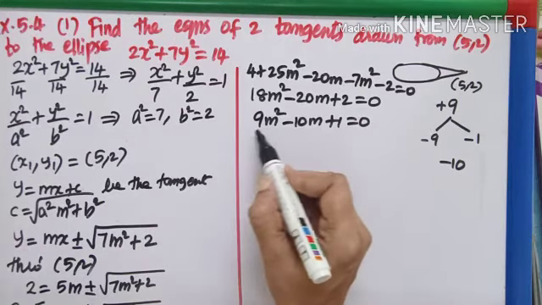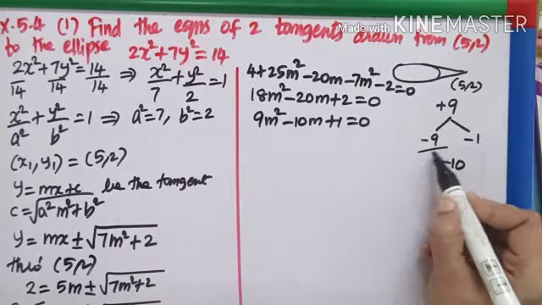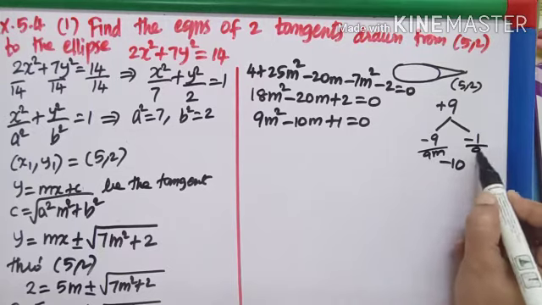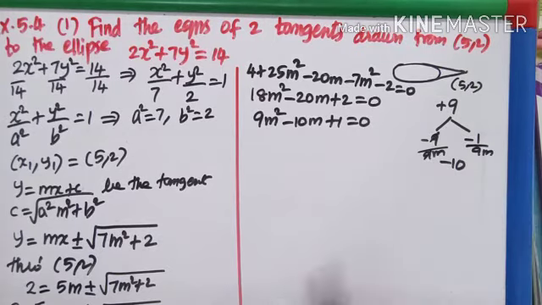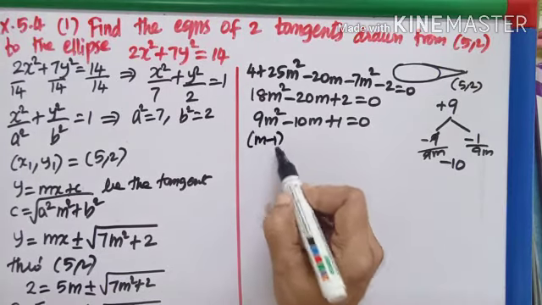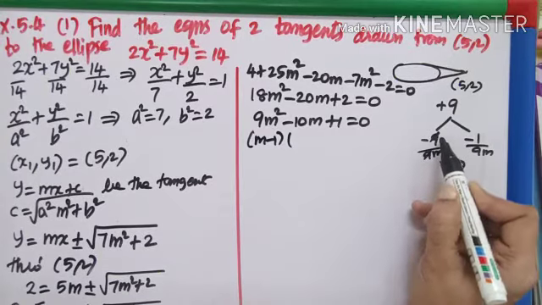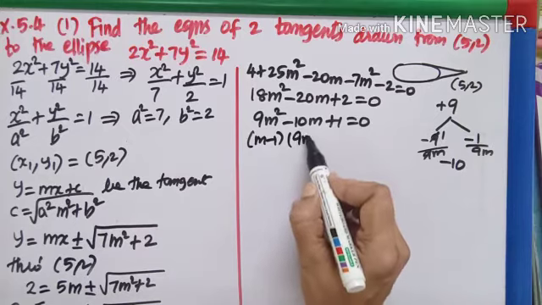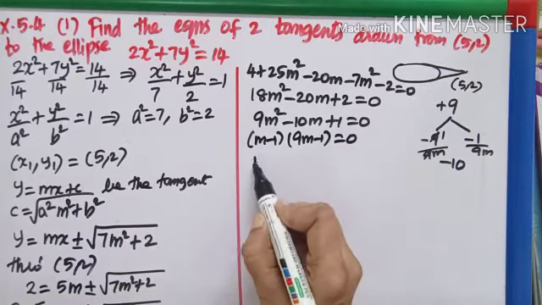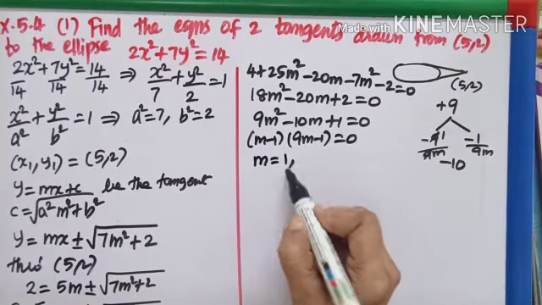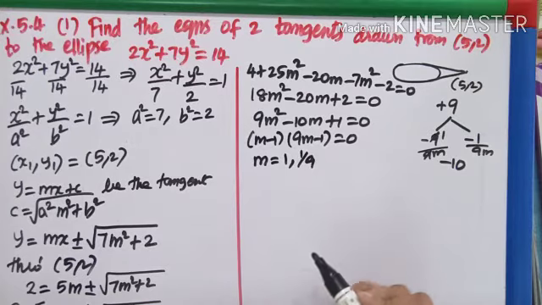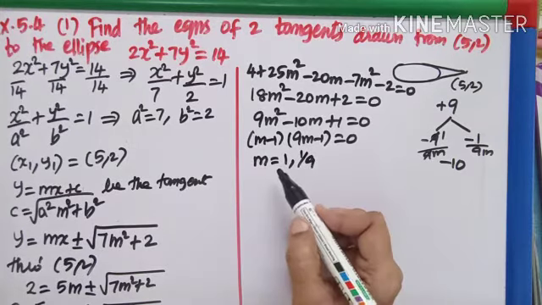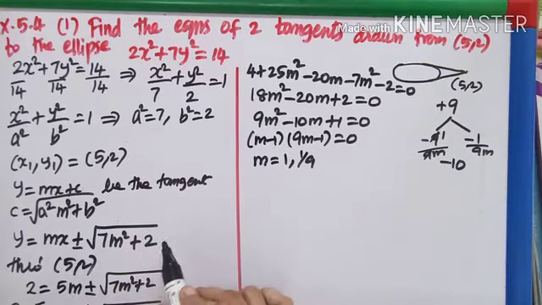Here the first term is 9m square. So divide by 9m and try to simplify. I get m minus 1 into 9m minus 1 equals to 0, or m is equal to 1 or m is equal to 1 by 9. Put m value back in this equation.